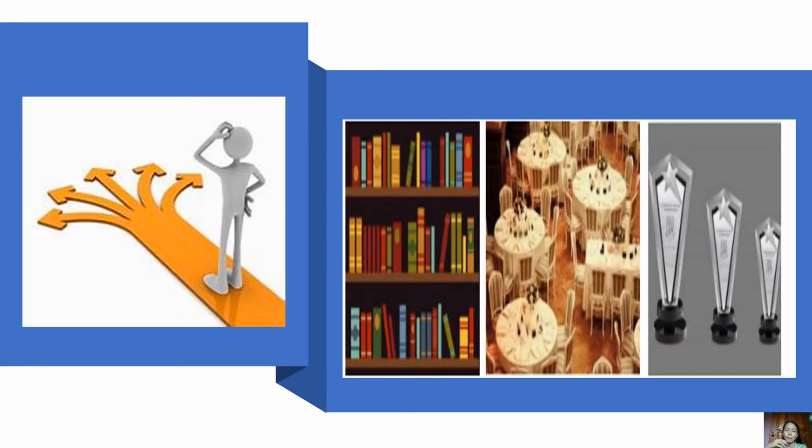Okay, so look at the picture shown on the screen. Have you ever realized that there are several possible ways in doing most tasks or activities like what you have seen here?